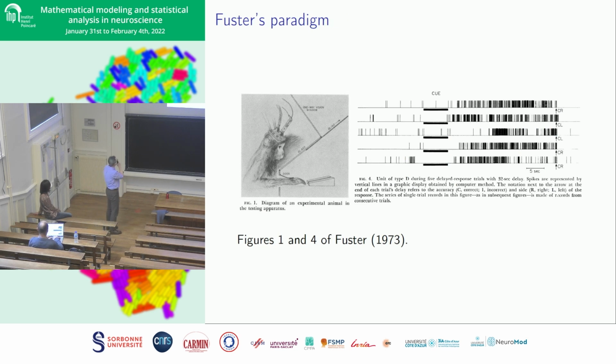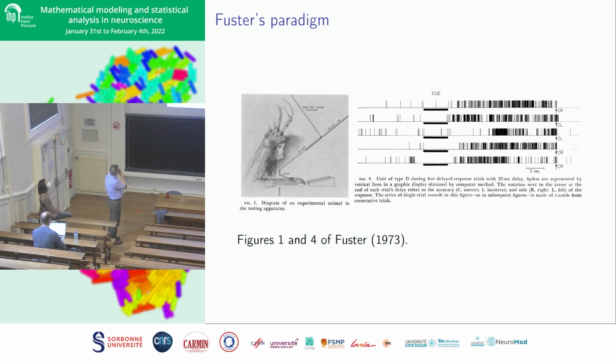You have a scheme here of a monkey. At the beginning of the experiment, in this region here, the monkey can see the content of two boxes. Okay, that's a glass window. The two boxes are opened. One of them typically will have a reward. And that's the cue period that lasts a few seconds. Then the blind is lowered. The monkey cannot put its hand at that time around the boxes, okay?